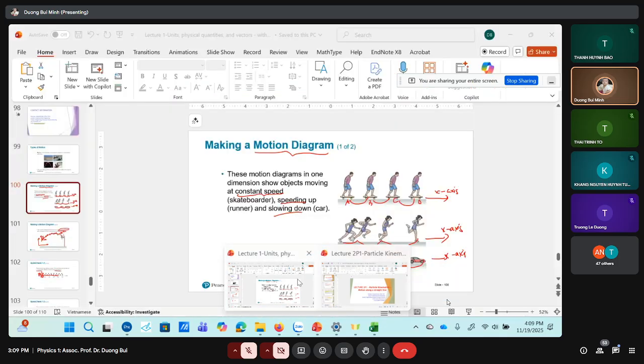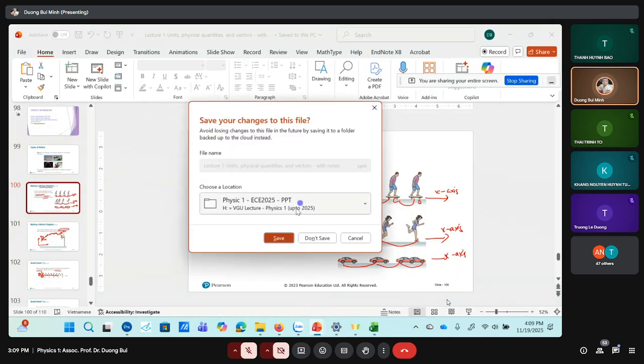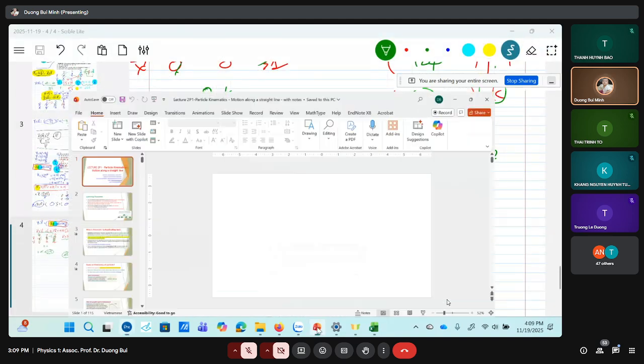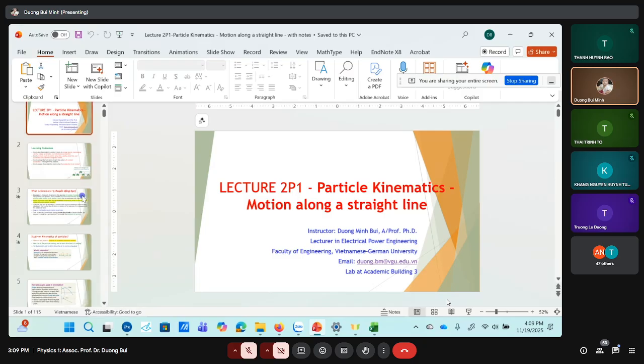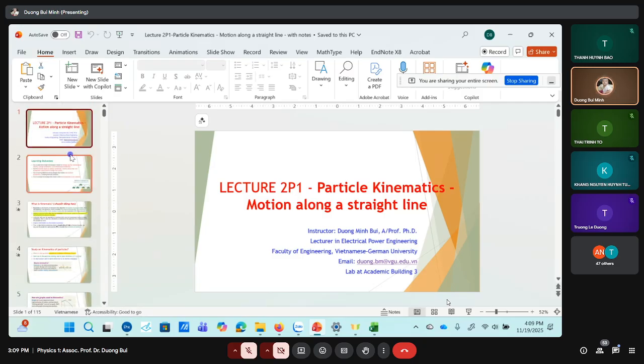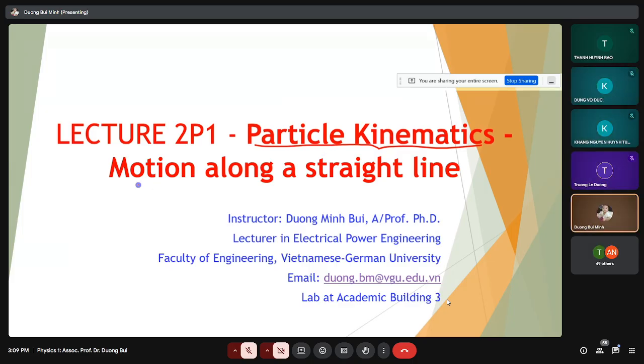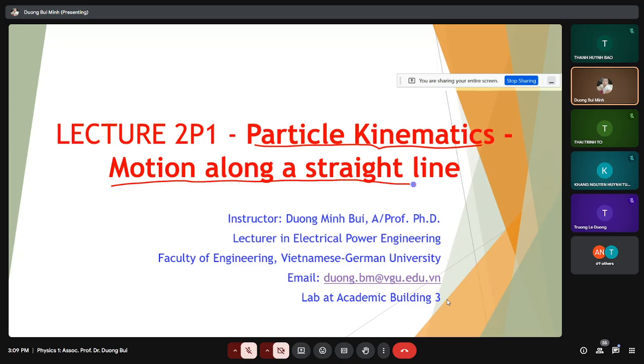So now we finish lecture one. Now we go to lecture two. So now we come to lecture two, part one. We discuss particle kinematics, motion along a straight line.